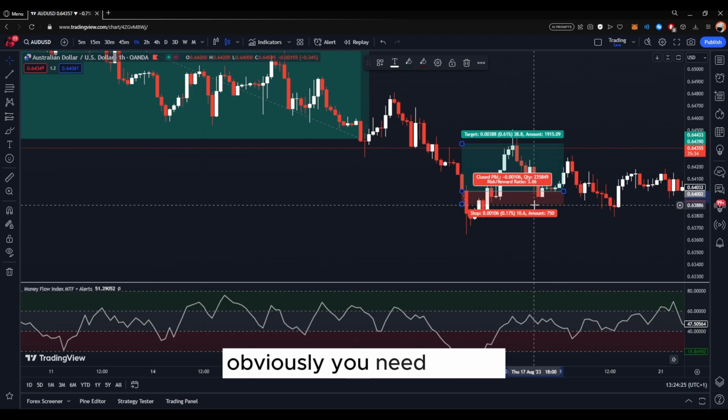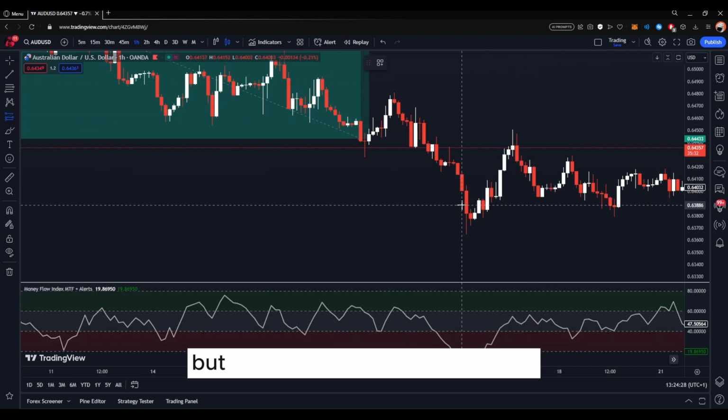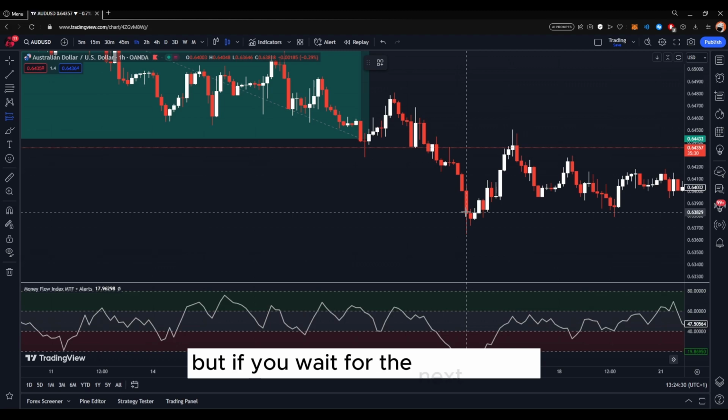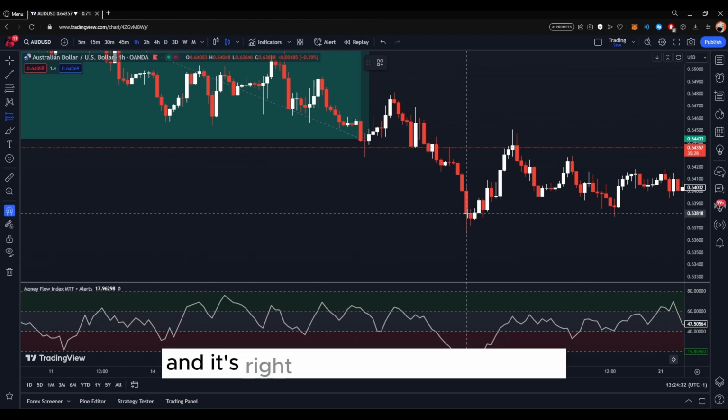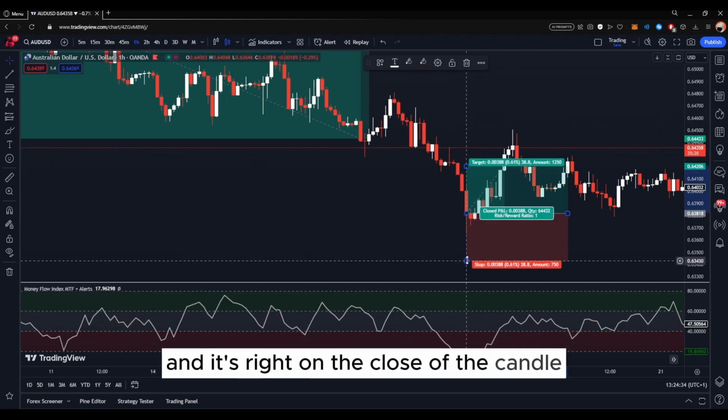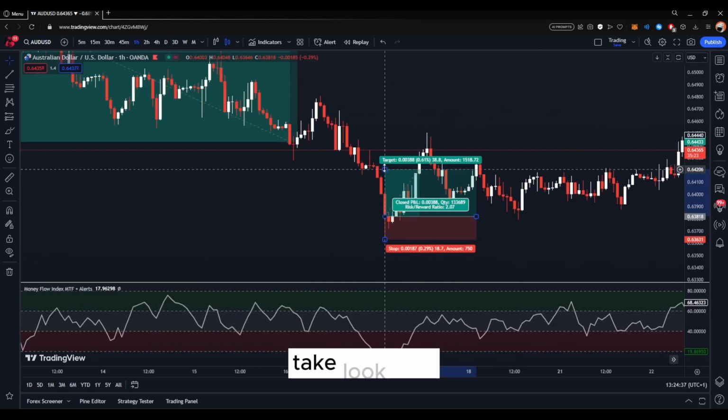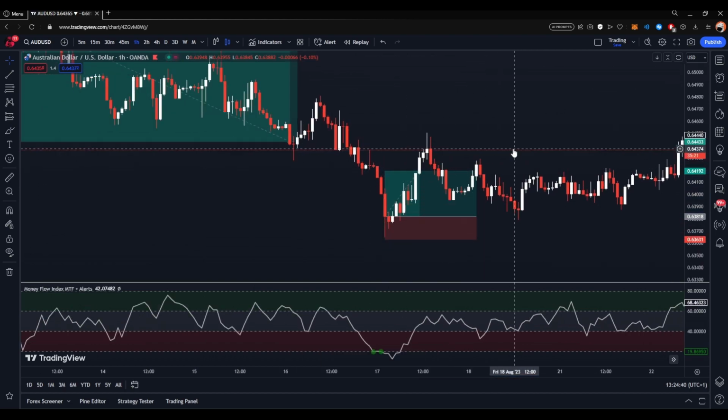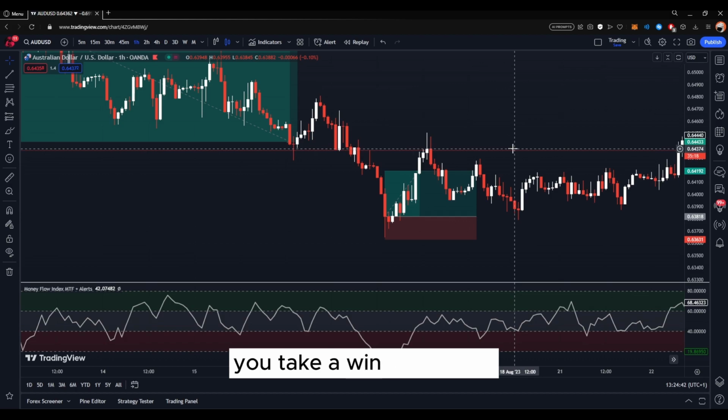Obviously you're going to lose. But if you wait for the next candle and you trade on the close of the candle, then look, now you take a win, an easy win.